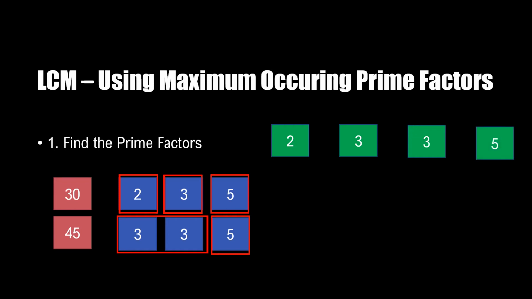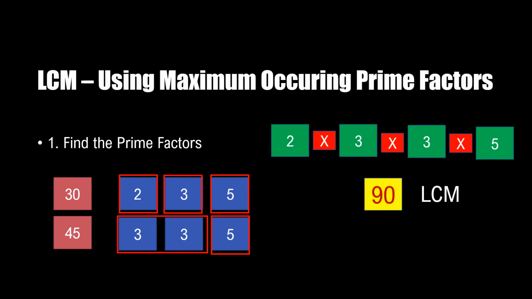So, we write down 5 only once. Once we have found all the numbers, we multiply them and we get the LCM of the two numbers. This is how we find the LCM using the maximum occurring prime factors. You can visit the video where we learned about using this method.